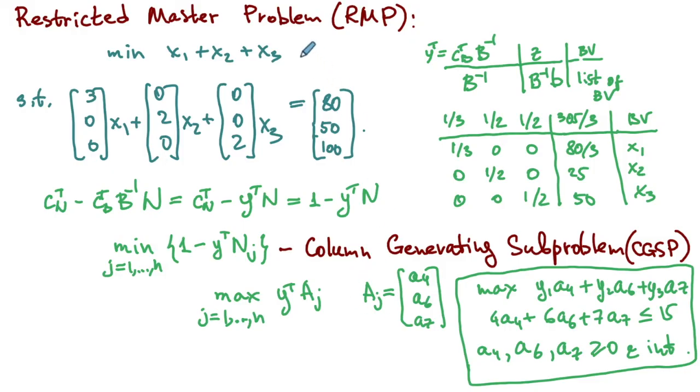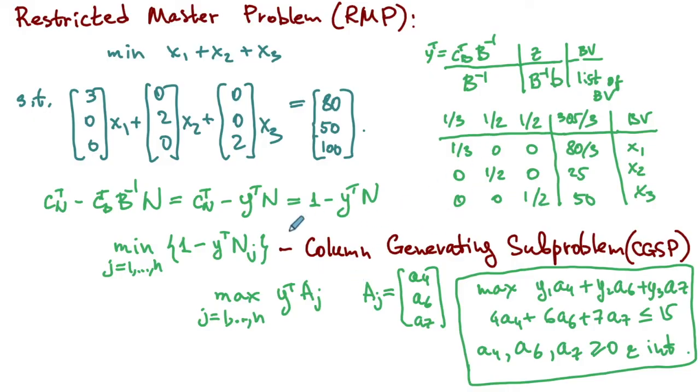We are going to generate a new column corresponding to x4 with the coefficients given by A4, A6, and A7. And as a result, we will obtain a new expanded version of the restricted master problem. And then we'll proceed to solve the restricted master problem and find the optimal solution.